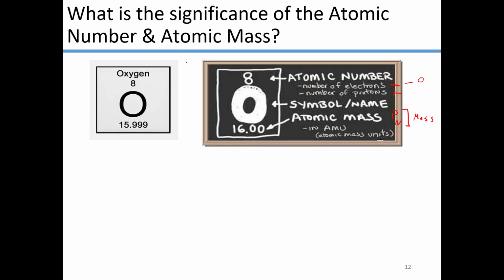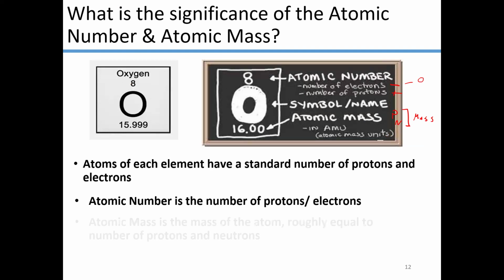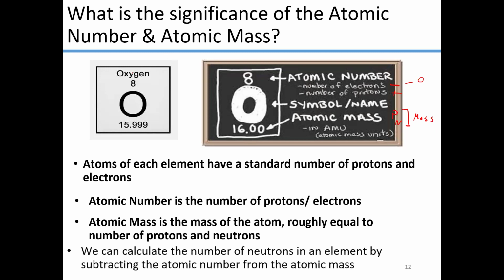The reason why this is so important is because you can actively use all of that information in order to figure out exactly how many protons, neutrons, or electrons we have. Because we know that the atomic number is going to be our positive, negative protons and electrons, and we know down here it's going to be our protons and neutrons, we can actively use this to subtract from the atomic mass in order to identify how many neutrons we would have.